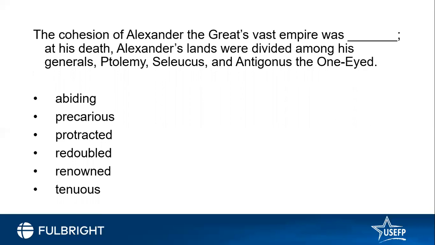So the two words we need to locate are both negatives or weaker words. Abiding, following, no. So precarious and tenuous are the two words which show that Alexander's vast empire was in trouble after his death.